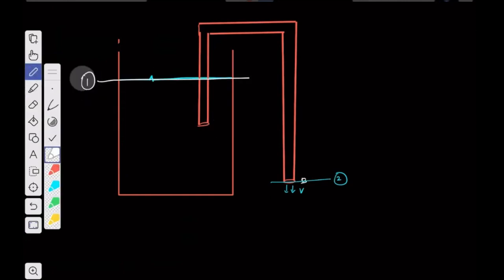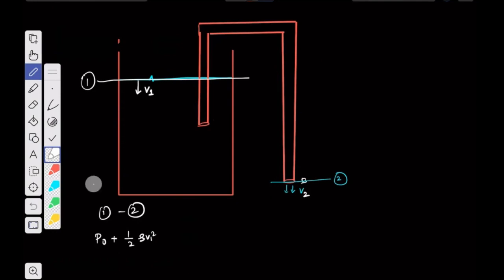Okay. Then if suppose here the fluid is coming down with speed V1, here it is coming out with speed V2, we'll apply Bernoulli. Both the sides are open to the atmosphere. So at cross section 1 and 2, if I apply the Bernoulli, at 1 pressure is P0, it's moving with speed V1, so half rho V1 square.